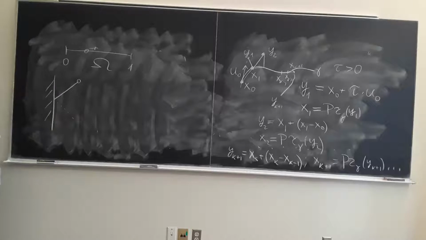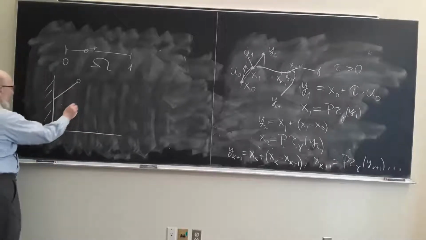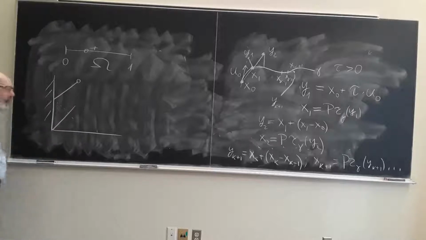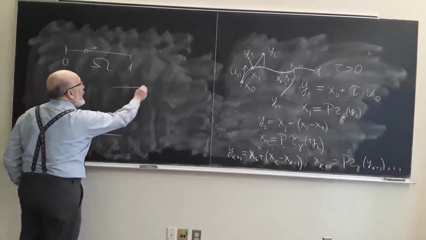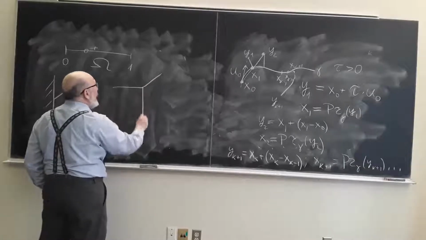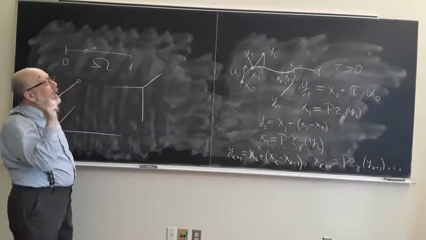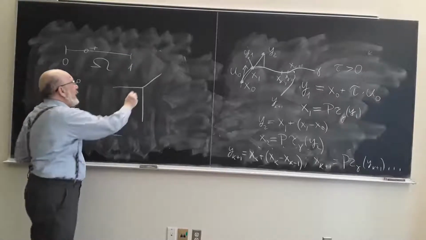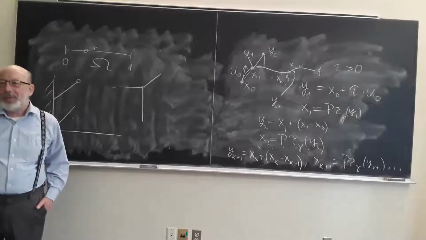Maybe not. What will happen if we have a corner and this particle gets right into this corner? What happens if we have two walls and a ceiling, and my point gets exactly into this triple corner? How will it move further?